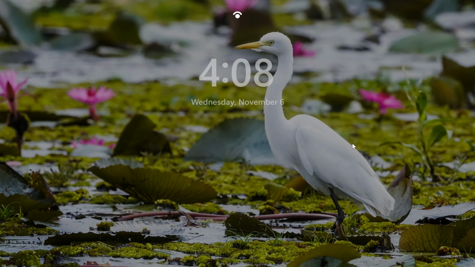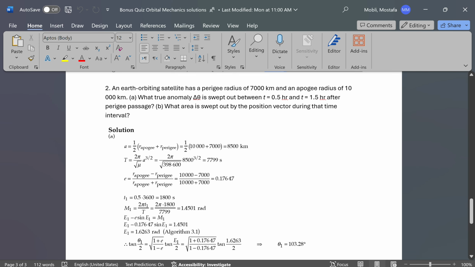So, I guess we should have done this first. We should have calculated the eccentricity first, right? How do we calculate eccentricity here? RA minus RP over RA plus RP. Exactly. We are given these two. e is going to be RA minus RP divided by RA plus RP.